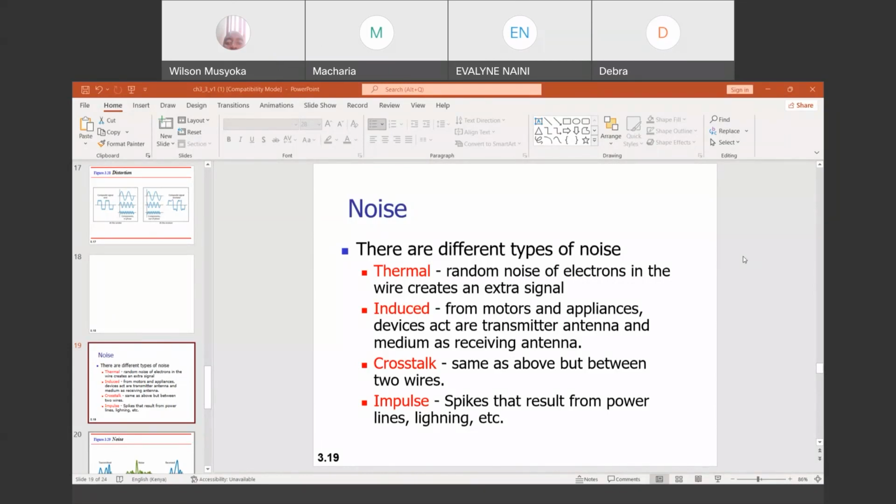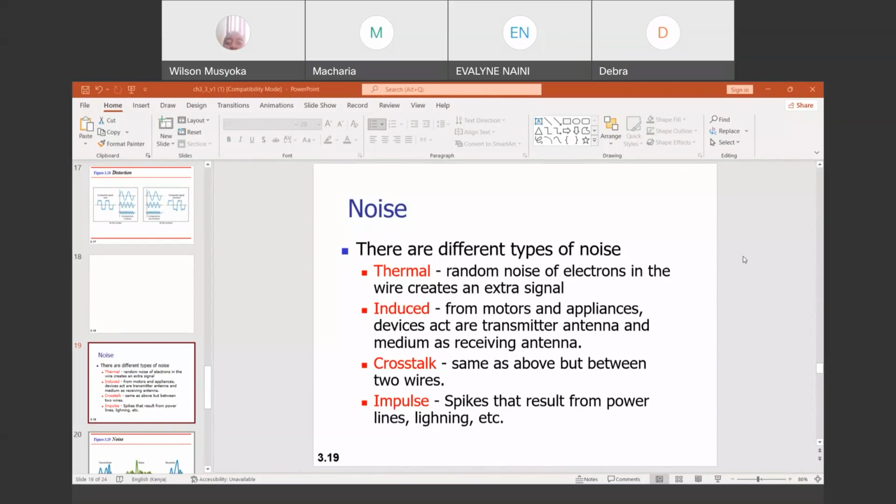So especially when you are transmitting through a cable, and maybe this cable, you have put it together with the wiring cable. So this cable is for transmitting data, but you are using the same trunking to have the data cables together with electricity cables. It means that there can be some electrons.